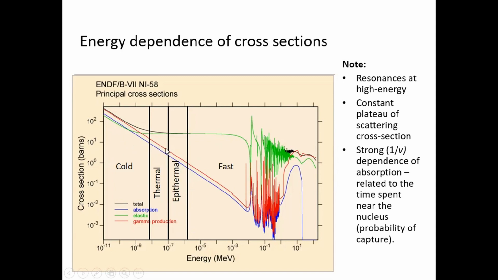They call it the straight line decreasing in this kind of graph. So there are 3 names for these curves: the resonance region, the constant or the epithermal region, and the 1 over V dependence of the cross section.